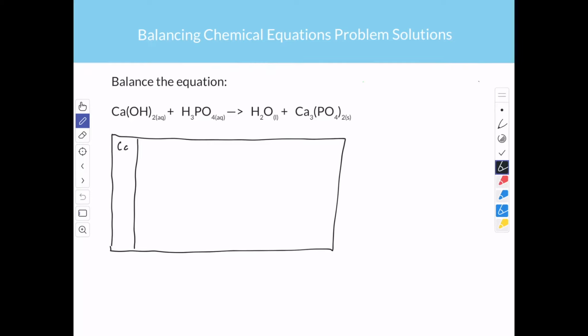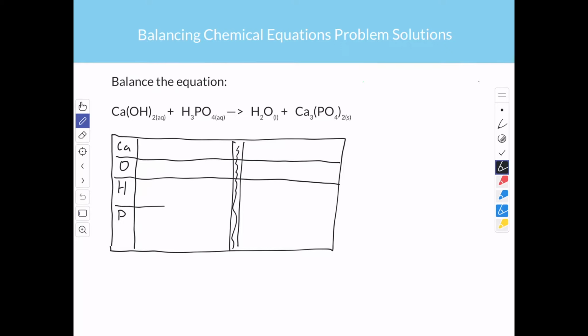We have calcium, oxygen, hydrogen, and phosphorus. So let's count. Don't let the parentheses fool you. Remember when we learned about these, what they mean.